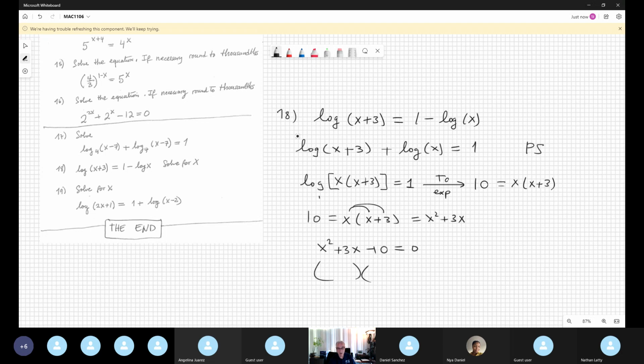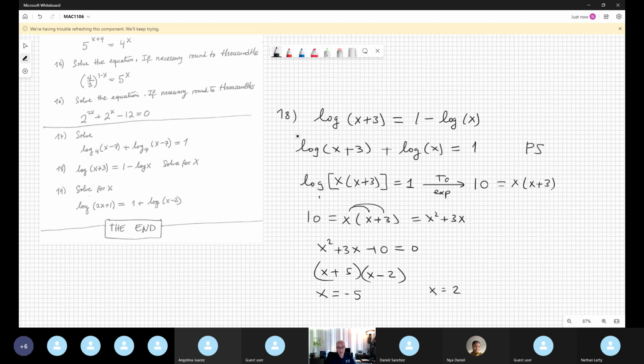I suppose it's possible by factorization. The combination, I suppose, 5 and 2, no? 5 times 2 is 10, 5 minus 2 is 3, positive 5 and negative 2. One solution is negative 5, and one solution is positive 2.